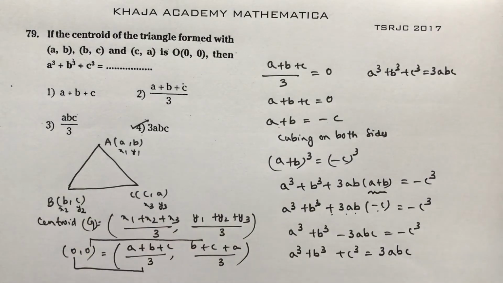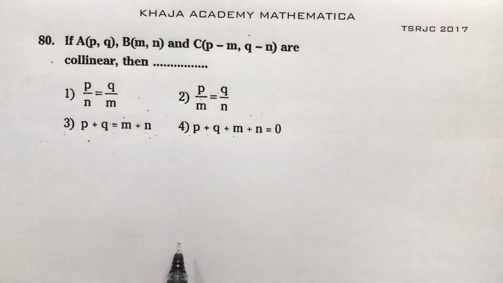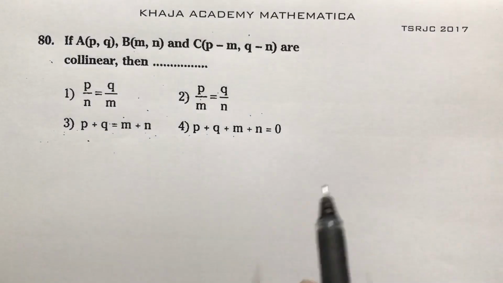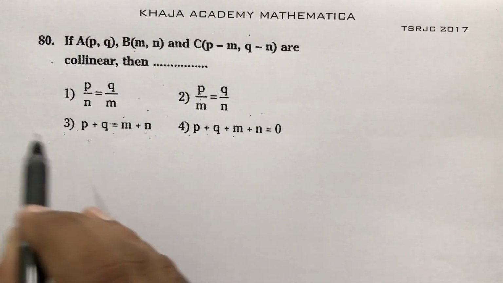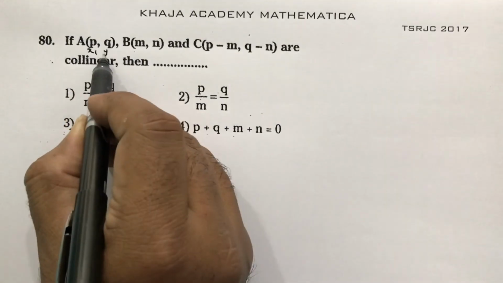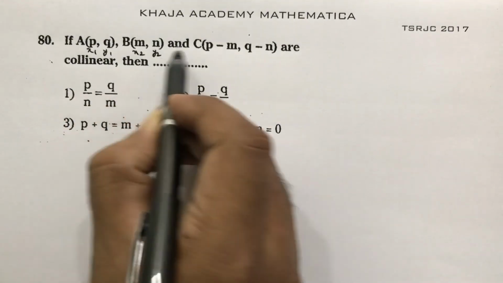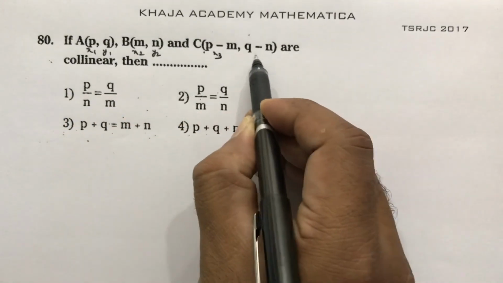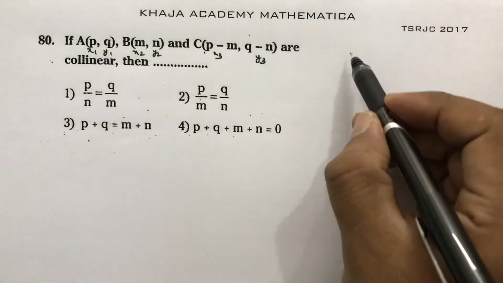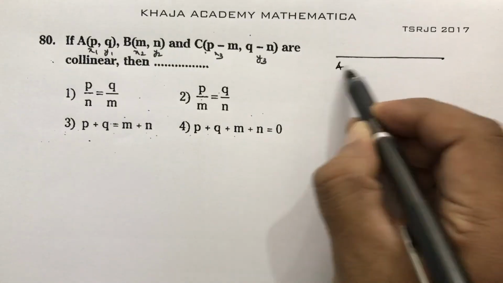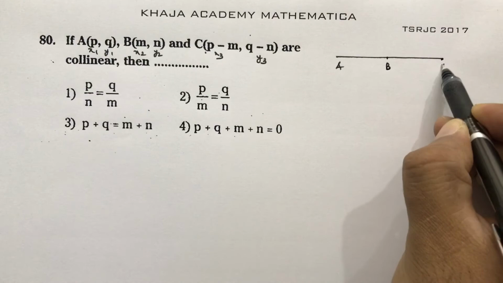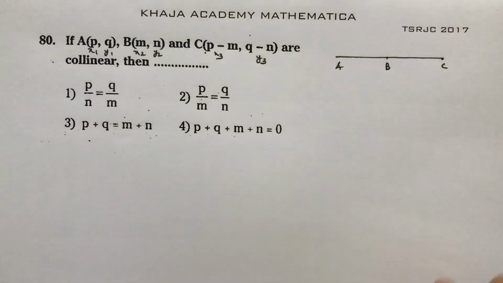Correct option is 4. If the 3 points (p, q) and the others are collinear, so here I'll consider that the points are collinear. If the points are collinear, they lie on the same straight line. So if they lie on the same straight line, it will be a straight line, so the area will be 0.